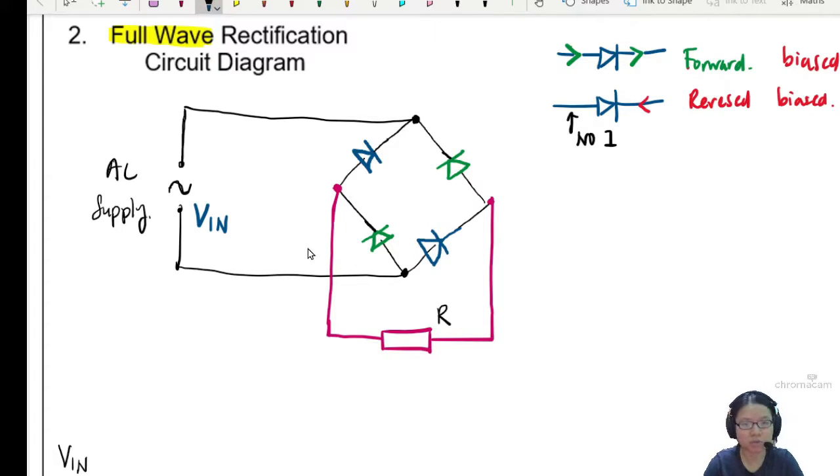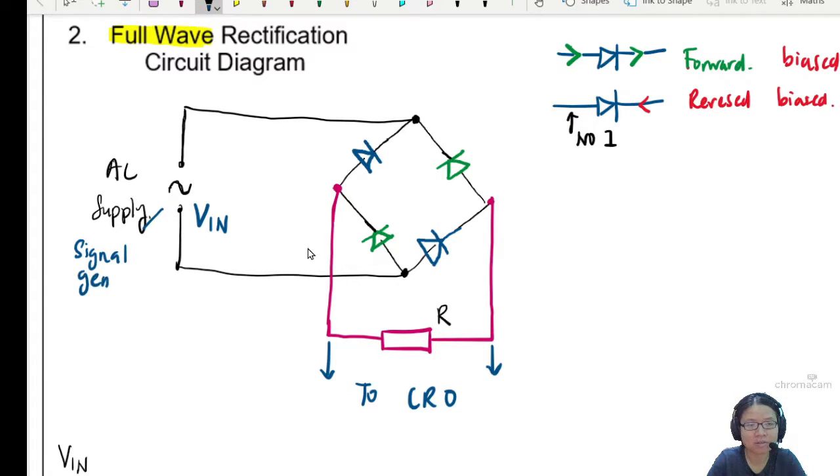It's normally here to here, we will connect to our good friend, the CRO, the cathode ray oscilloscope. In fact, this AC supply normally is also a signal generator. So this is to prepare you in case you need to write a paper. You can put a signal generator. This part is connected to the CRO, or if you want to, you can connect this to a voltmeter.